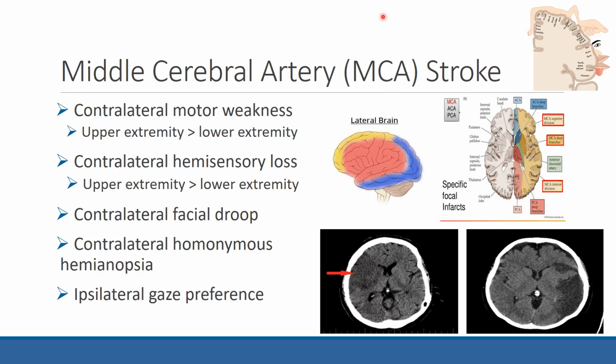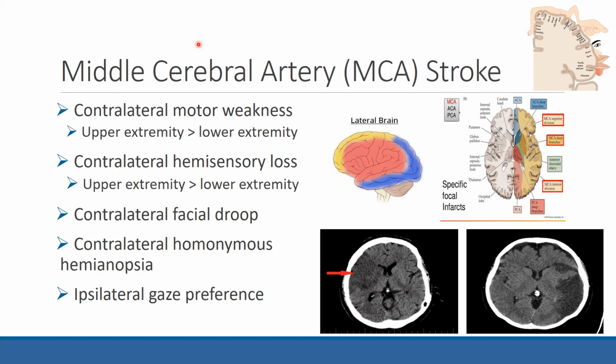And to get all of these things, you would probably have to have a stroke right at the very beginning of the MCA. So that doesn't happen very commonly. And so when you think about a specific patient, they may have one portion of their MCA blocked off, and you may see a subset of these symptoms. But again, this is kind of the overall picture of what you should be thinking about for an MCA stroke.